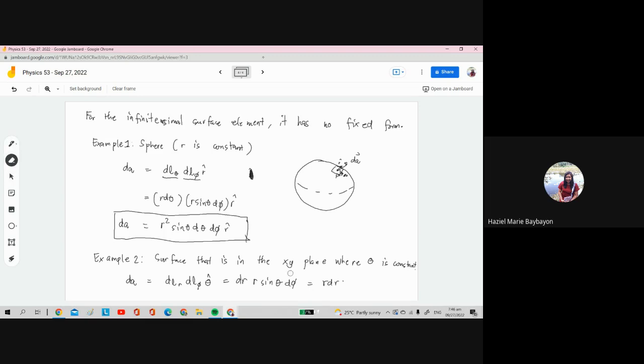let us write it this way. So although correct gihapon to siya. So you have r sine theta dr d phi. Okay? We forgot to write theta hat. Okay? So this is for a surface that is in the xy plane where theta is constant.